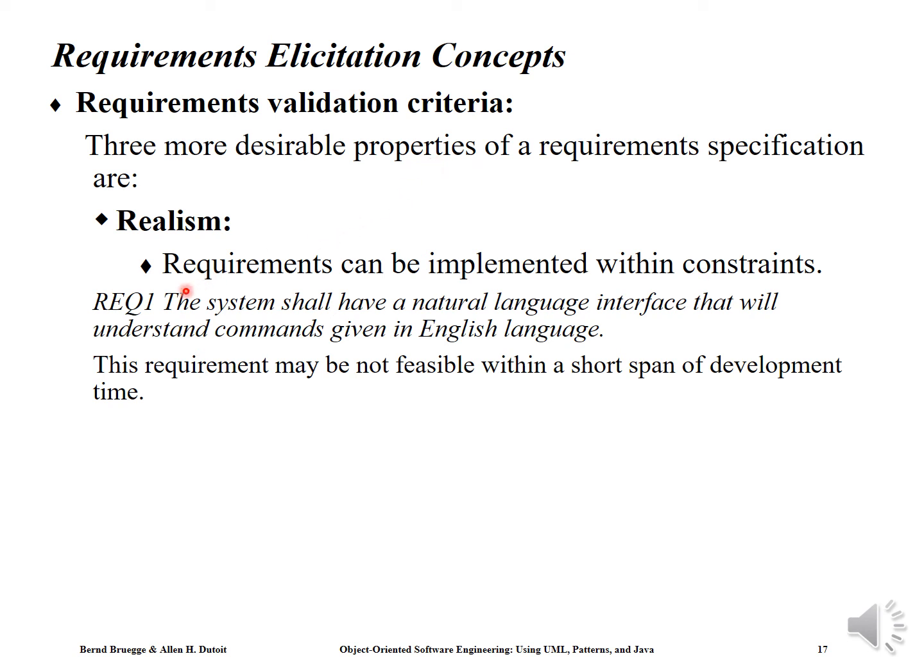So an example of an unrealistic requirement can be the system shall have a natural language interface that will understand commands given in English language. Now, this requirement may not be feasible within a short span of development time. So, this can be an example of an unrealistic requirement.